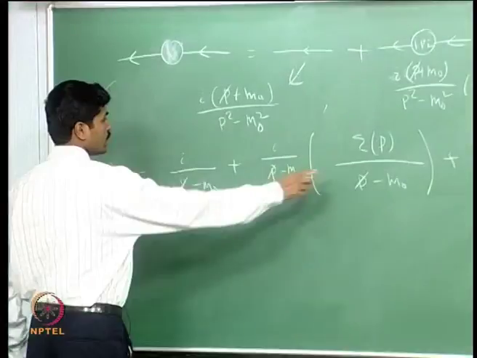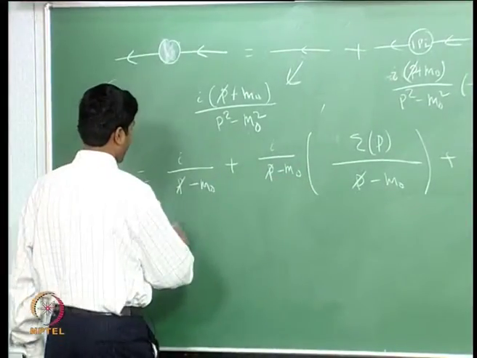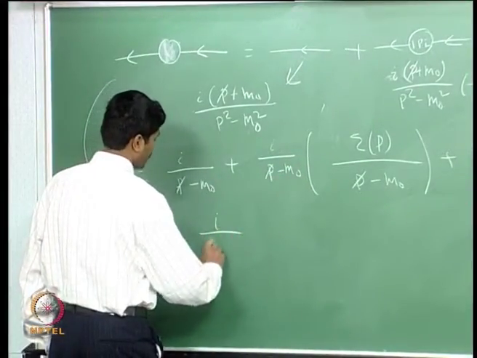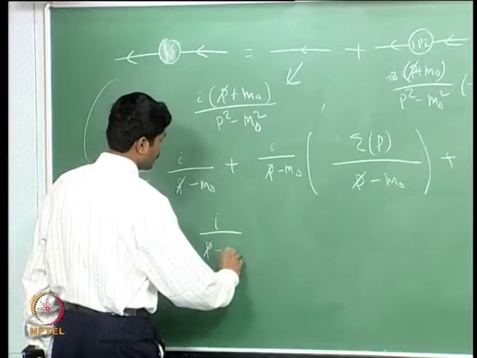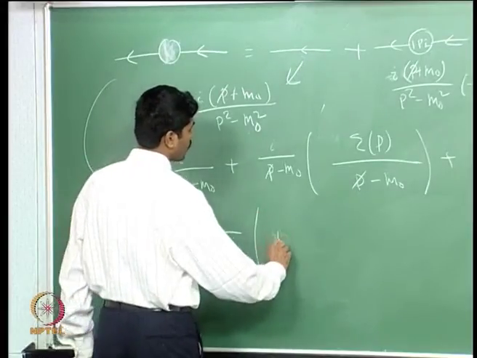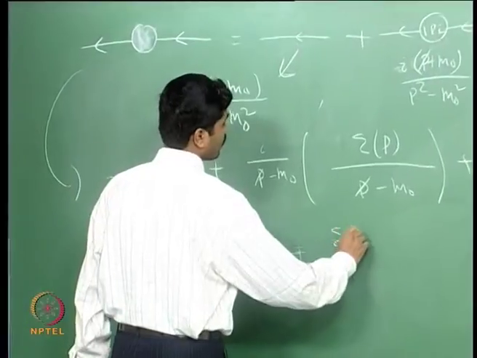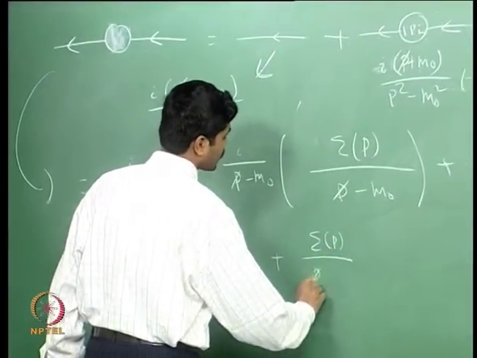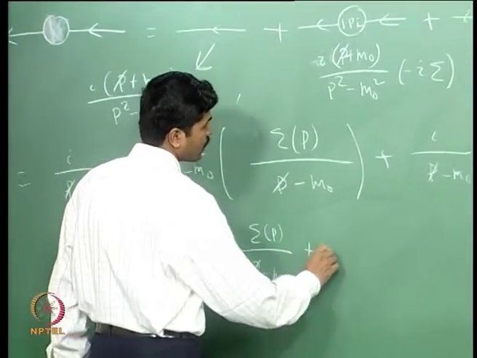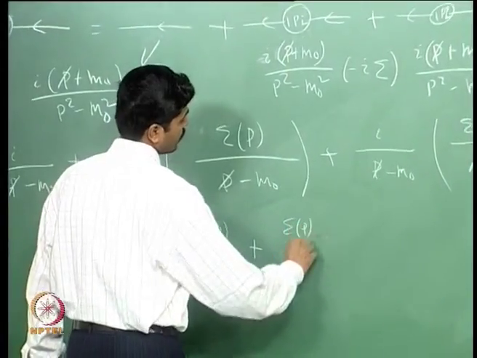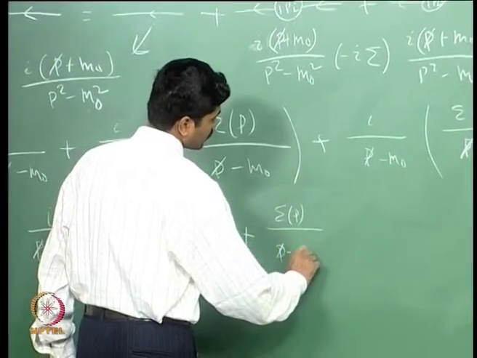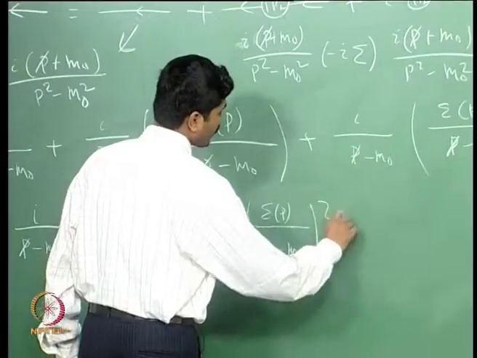So, this you can of course write as i divided by (p slash minus m0) times 1 plus sigma p over (p slash minus m0) plus sigma p over (p slash minus m0) whole square, and so on.